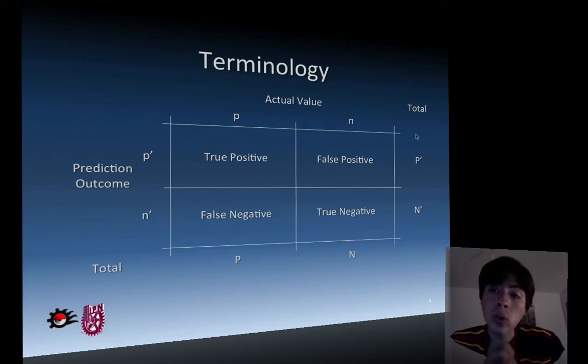Then we have the totals on this column, which mean the positive or the negative prediction, or the positive or the negative actual value. So we can see in this plot how all these four terms come into place.